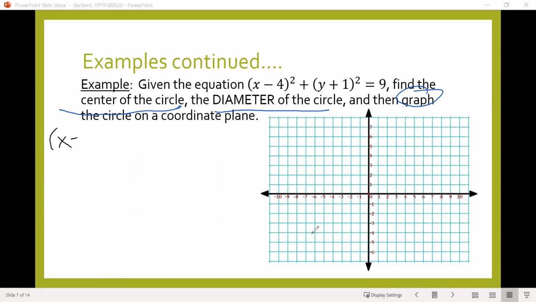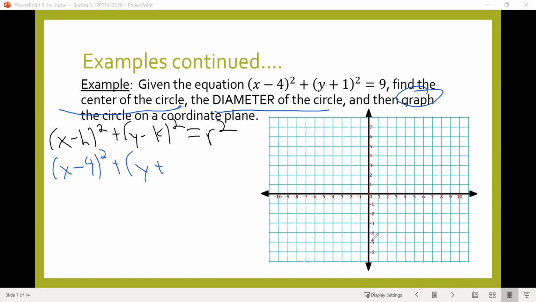We're using this form (x - h)² + (y - k)² = r². We can compare this to the equation we've been given, (x - 4)² + (y + 1)² = 9.